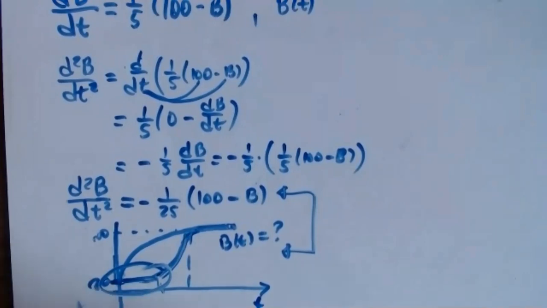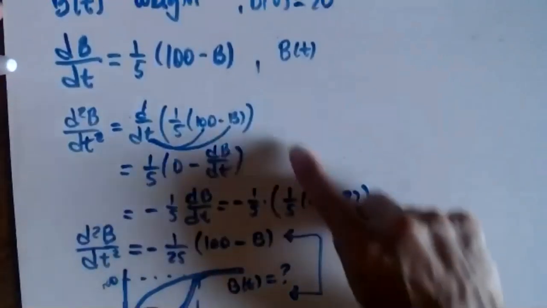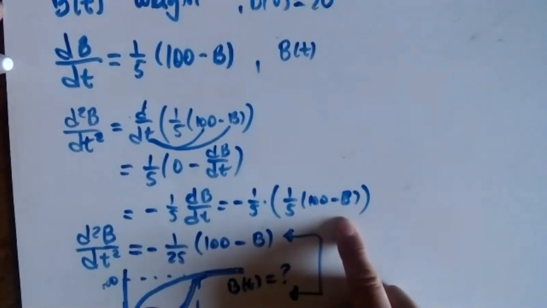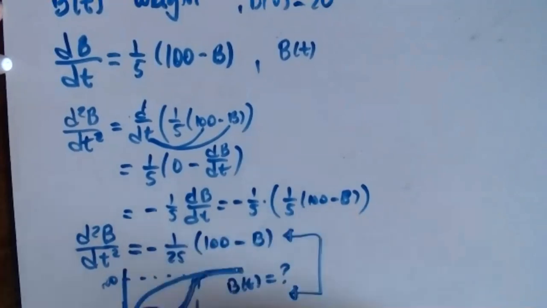Okay. So in this portion, this graph indicates that in the first days close to the date of birth, the gain is practically zero. This equation says that the rate of change is the highest when B is 20, because this number is the greatest, correct?